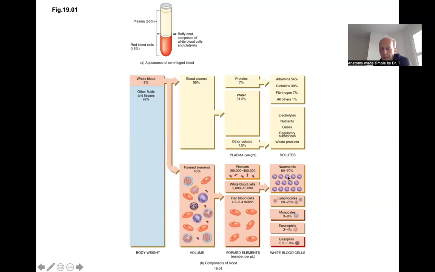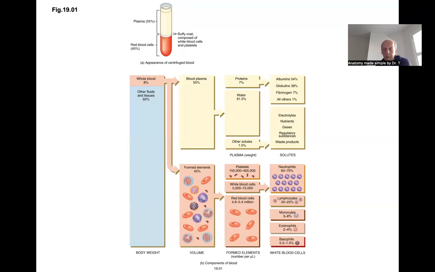And as you can see here with their percentages, the most common type of white blood cell is known as the neutrophil. Then we're going to have between 20 to 25% lymphocytes, 3 to 8% monocytes, 2 to 4% eosinophils, and only between 0.5 to 1% basophils.